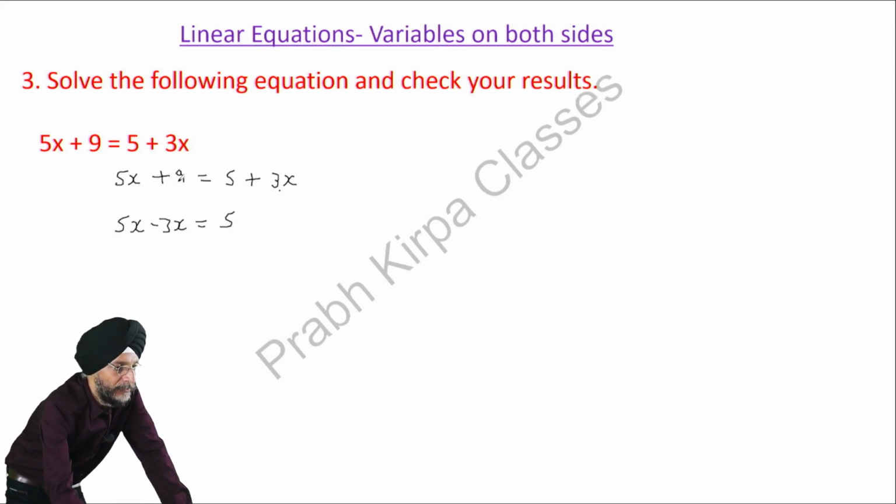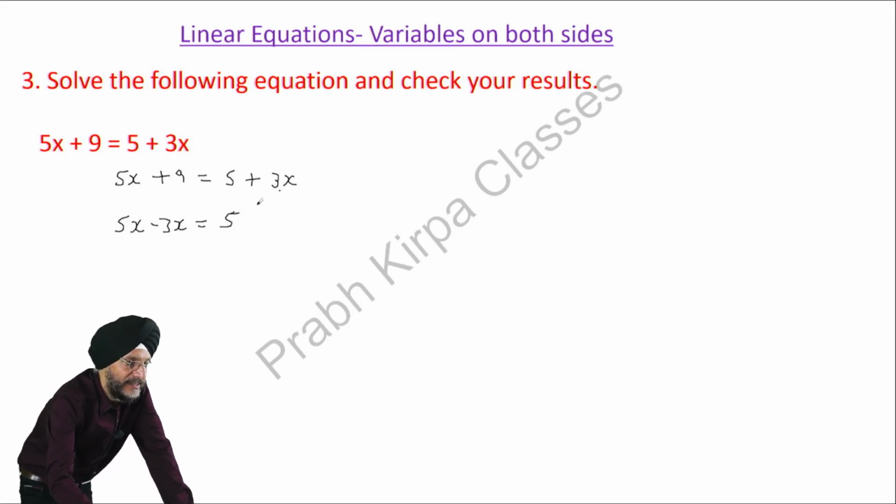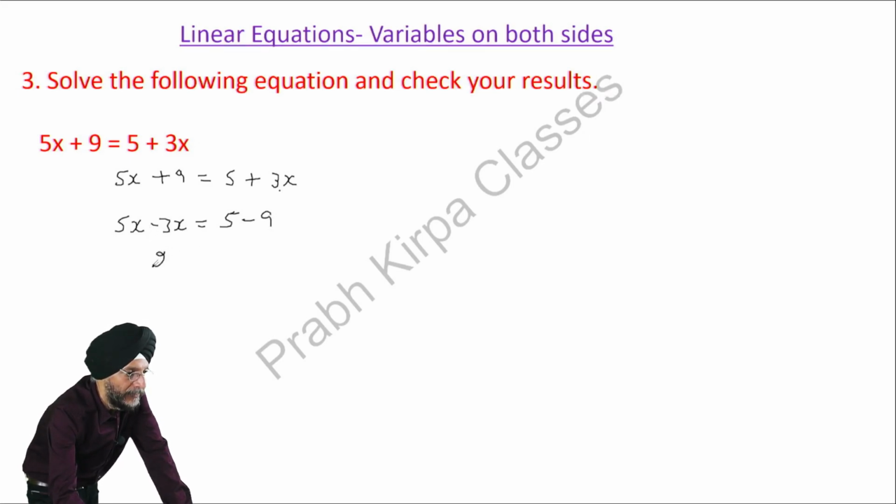This is positive number, and when it is taken to the other side, that is the right hand side, it becomes negative. 5x minus 3x, it becomes 2x. 5 minus 9, minus 9 plus 5, it becomes minus 4. x is equal to minus 2.